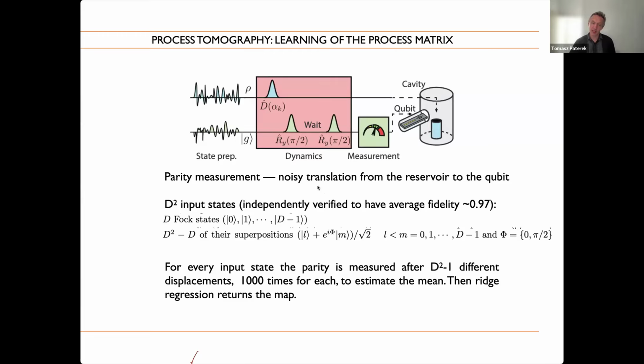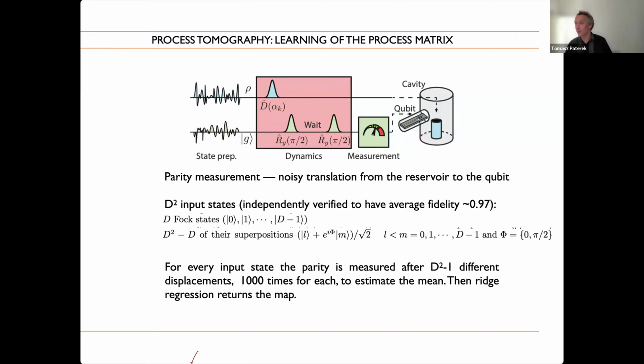Maybe just one thing: what they measure here is the so-called parity. Parity tells you if the number of photons in the cavity is even or odd. As you see, it's just a binary quantity, 0 or 1. The trick here is that there is a specific interaction between the cavity and the qubit that translates this information, whether the number of photons is even or odd, into the 0 or 1 of the qubit.